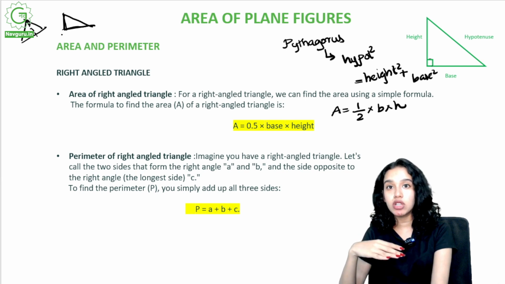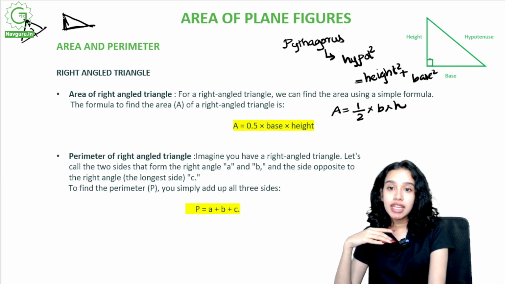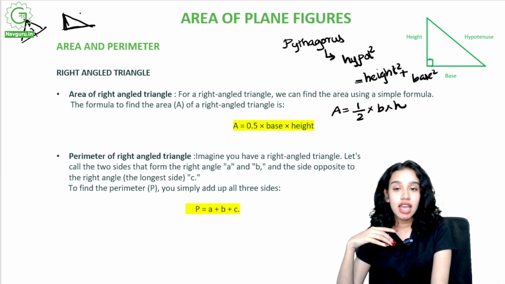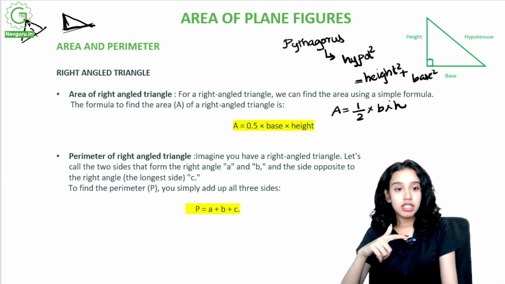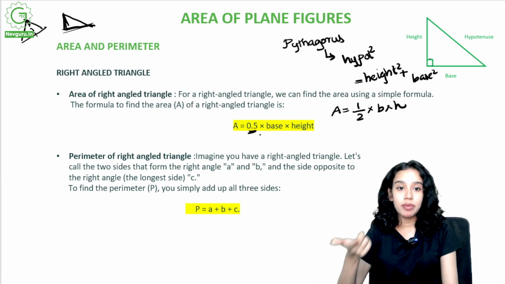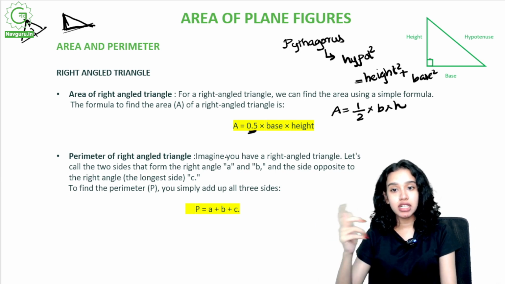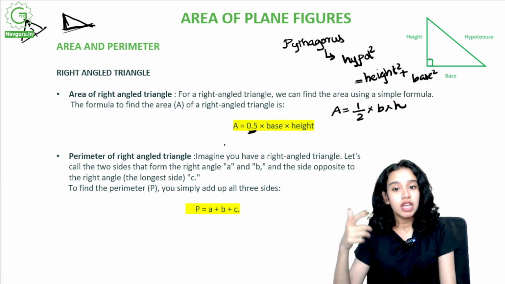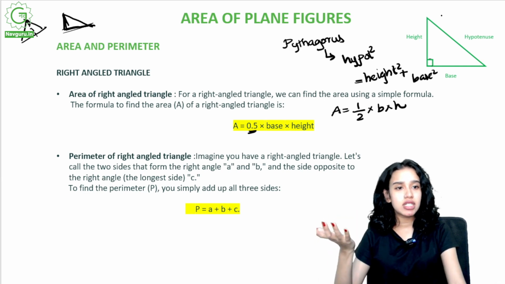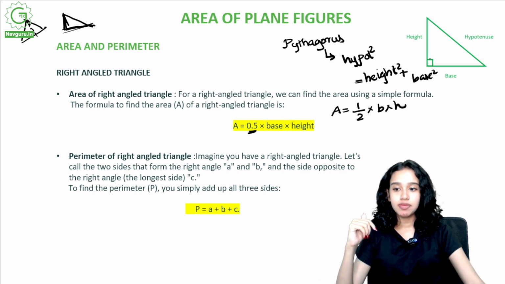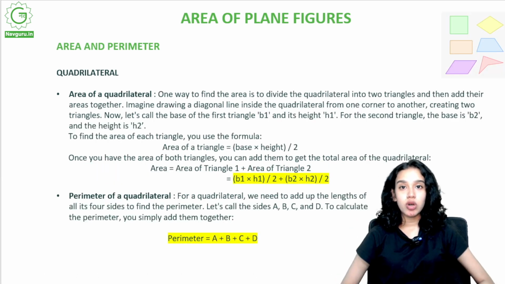It's perpendicular, right? So, this line is the height, and this is the base. So, area is equal to half into base into height. That is what is written here. 0.5 is 1 by 2. So, 1 by 2 into base into height is the area of a right angle triangle. Now, for the perimeter of the triangle, we'll just add up all these lengths and we'll get the perimeter, right?